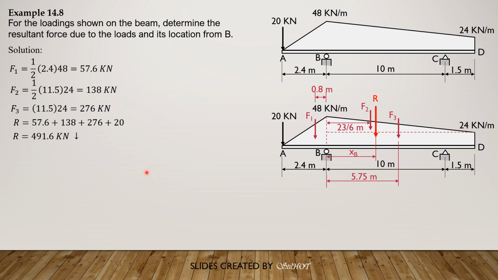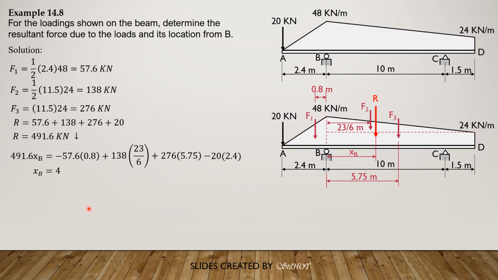Then we use Varignon's theorem to locate that resultant force R. So 491.6 times x sub B, that's clockwise. And since the moment of F1 from B is counterclockwise, so it's negative 57.6 times 0.8. F2 is positive, so plus 138 times 23 over 6 plus F3, which is 276 times 5.75, then minus 20 times 2.4.